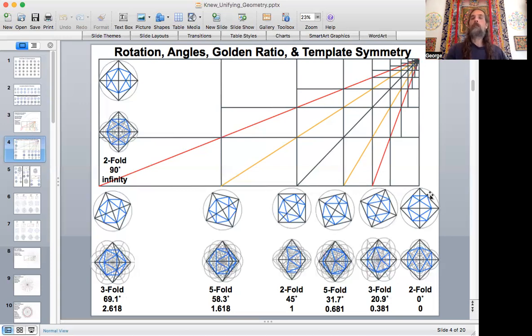They need to be from 0 to 2.618, 0 to 1.618, 0 to 1, 0 to 0.618, and 0 to 0.381. So those are how those radii of the circles are working themselves out. Or that's the distances along this diagram here in these big golden rectangle layout.